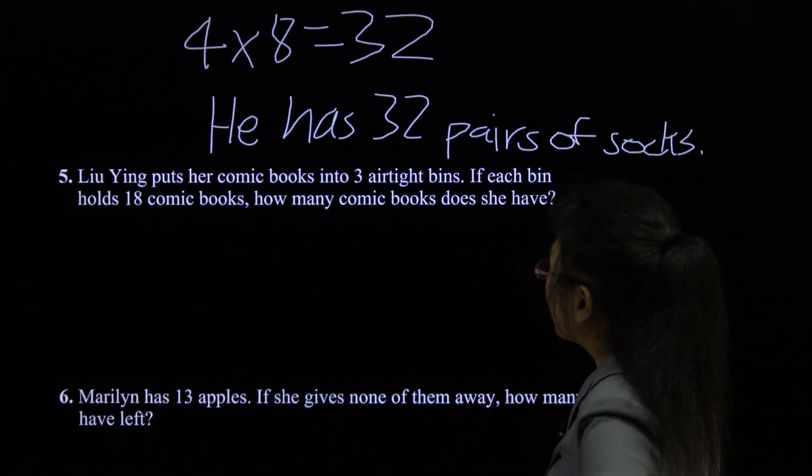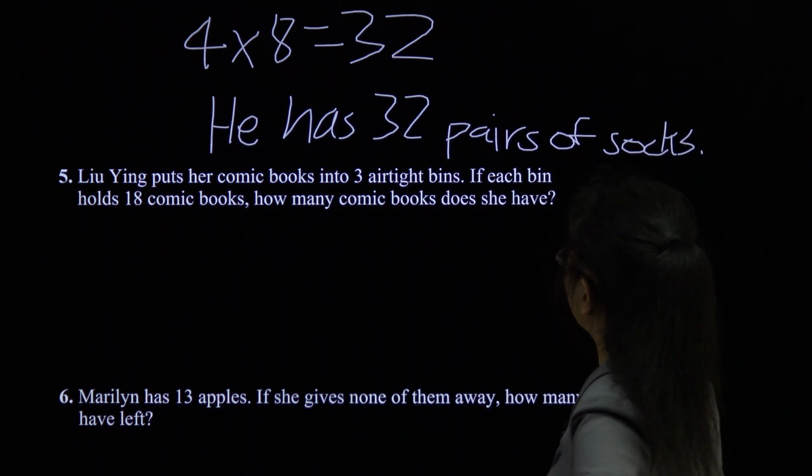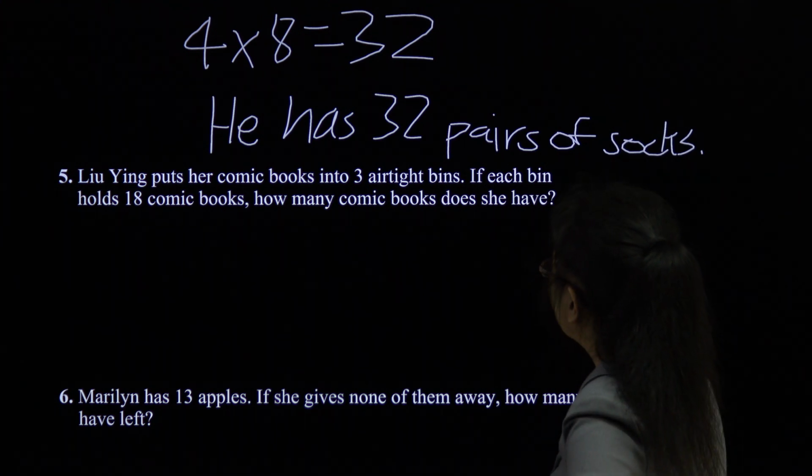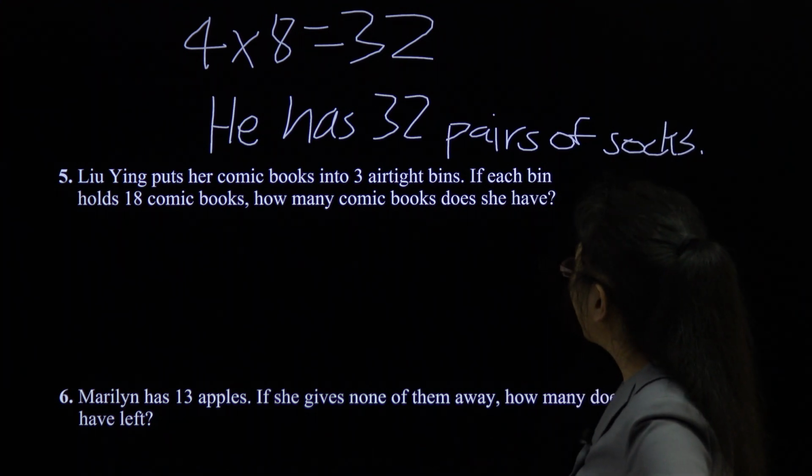Liu Ying puts her comic books into 3 airtight bins. If each bin holds 18 comic books, how many comic books does she have?